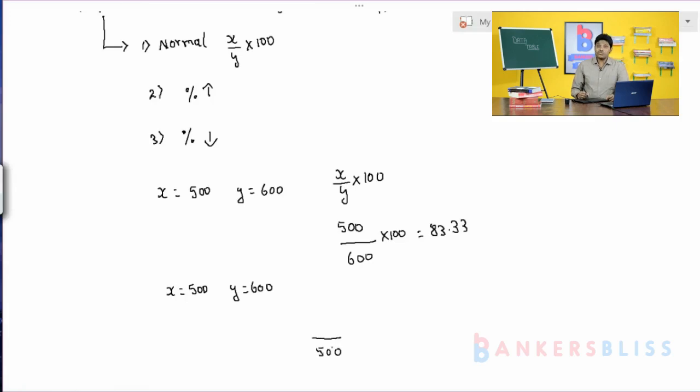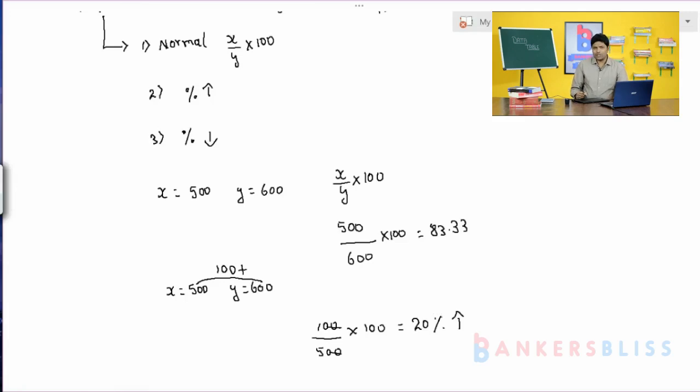How much is it increased from x to y? It is increased by 100. With respect to x you have to calculate 100 by 500 into 100. So 1 by 5, which is equal to 20% increase.